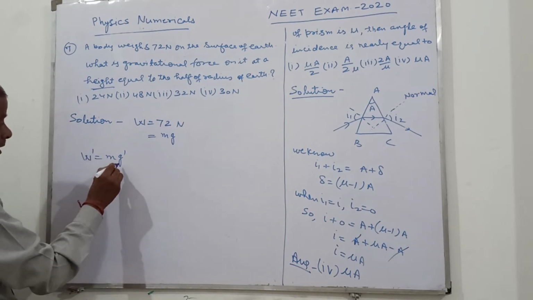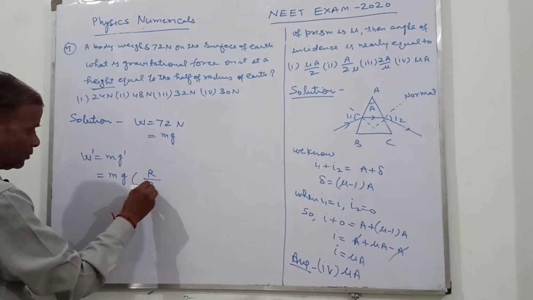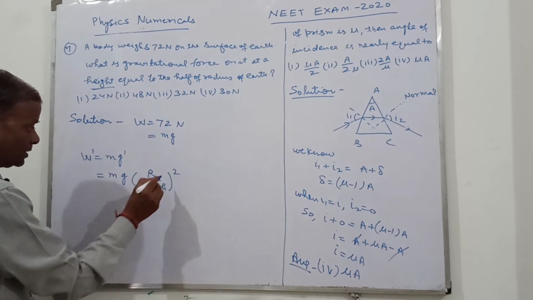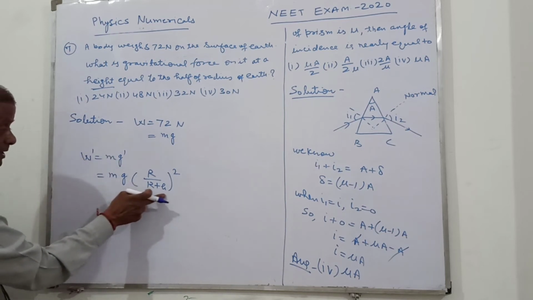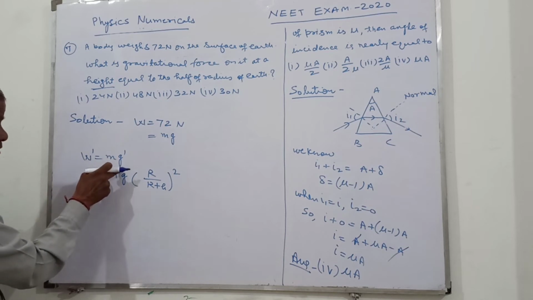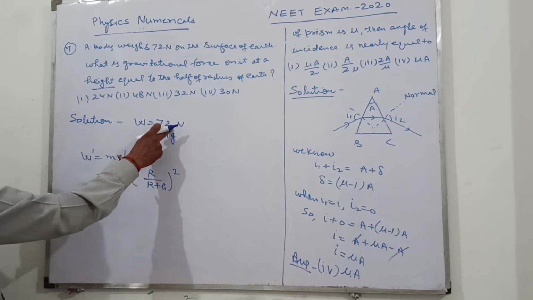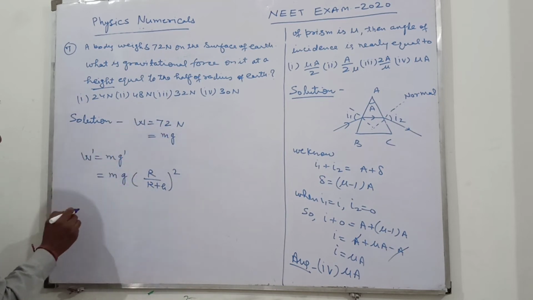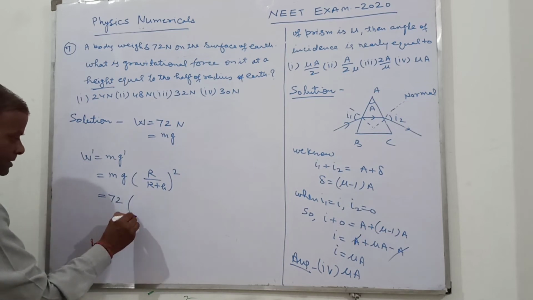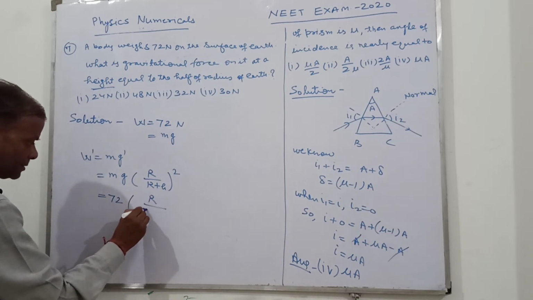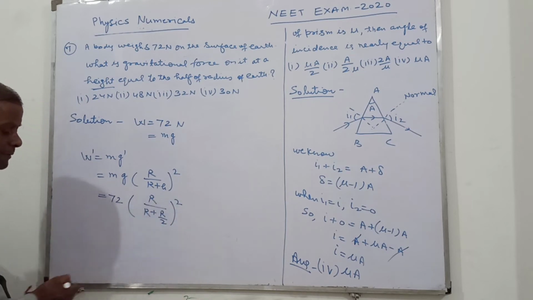This is m, and in place of g dash you write down g into r upon r plus h whole square. You must know that at the height the value of g dash is given by this formula. This mg is the weight, 72 Newton, and this is now r plus r by 2, whole square.